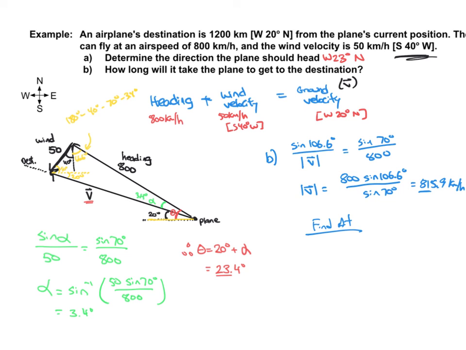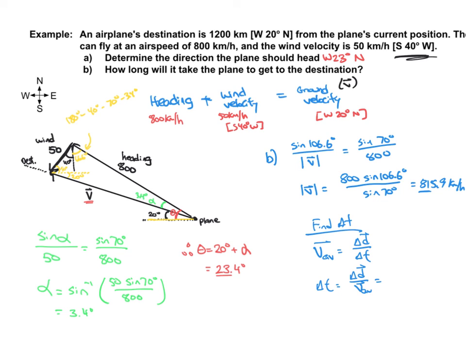And I'll do that just by using the average velocity formula. So the velocity, which we now know to be 816 basically, will be the displacement divided by the time. So we can rearrange this. So time will be displacement over velocity.